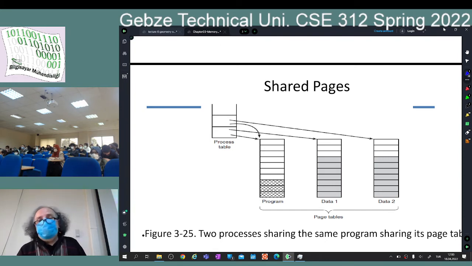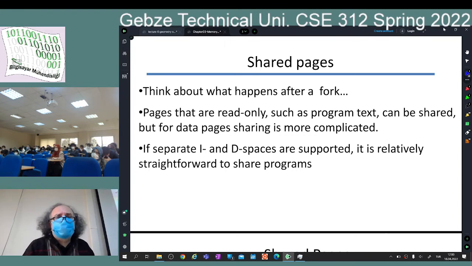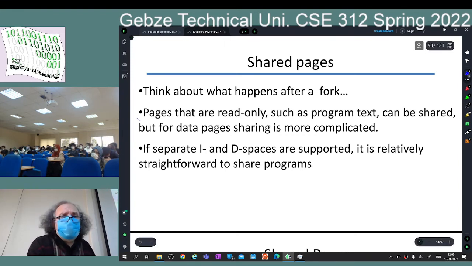So this separation of instruction and data space is something very useful in this case, especially for the fork. Or maybe I shouldn't say just only for after the fork. Maybe the pages that are read only.